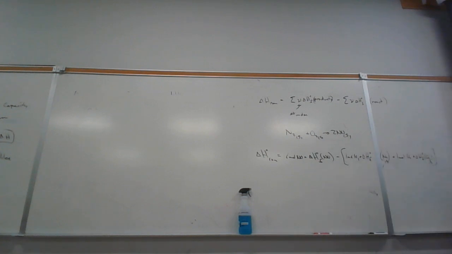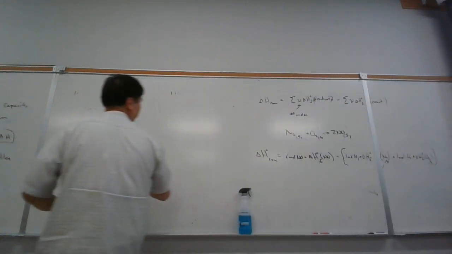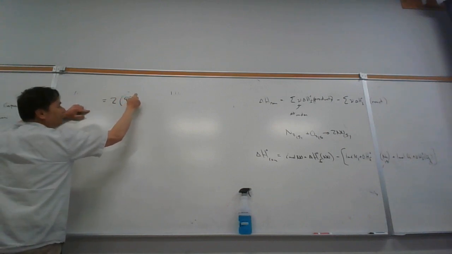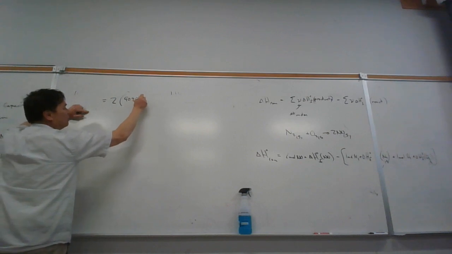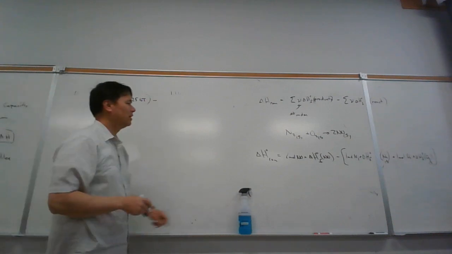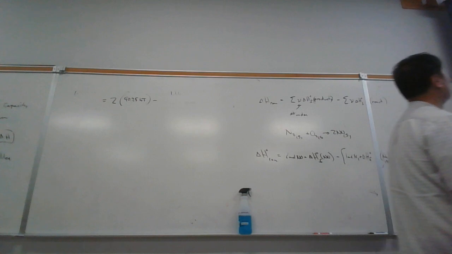It's alphabetical, so we go to N for nitrogen. Look up nitric oxide. Here's nitric oxide, and the delta H of formation is 90.25 kilojoules per mole of nitric oxide. So we're going to get 2 times 90.25 kilojoules. The moles cancel out. All right, minus the delta H of formation of nitrogen.